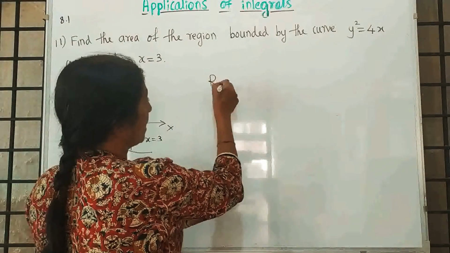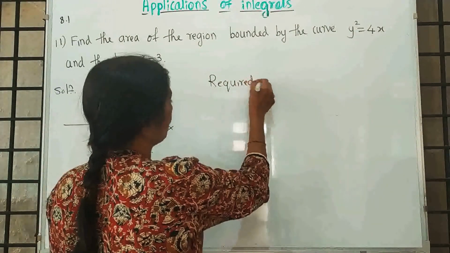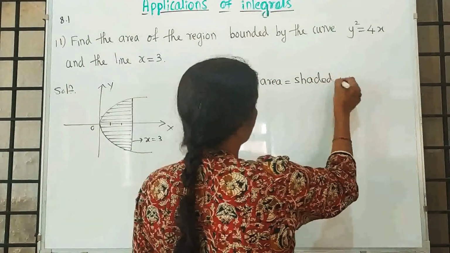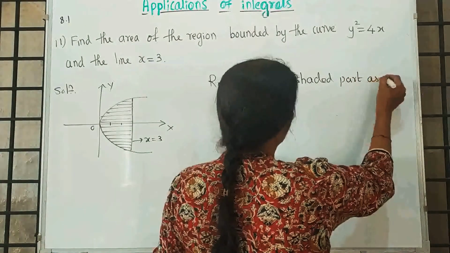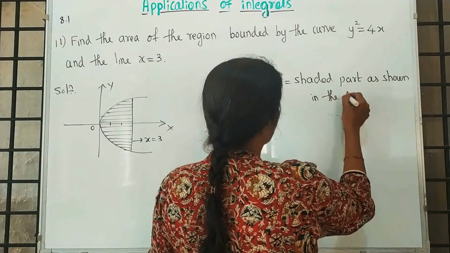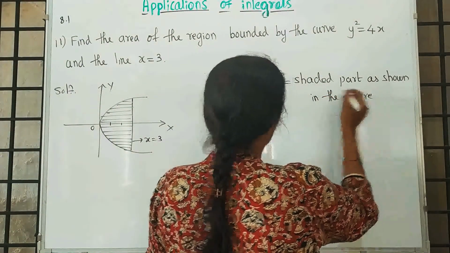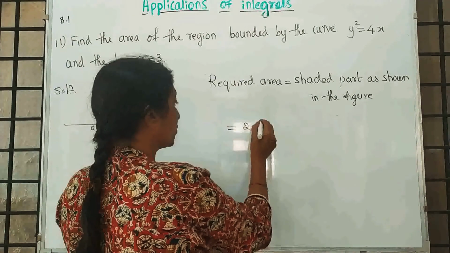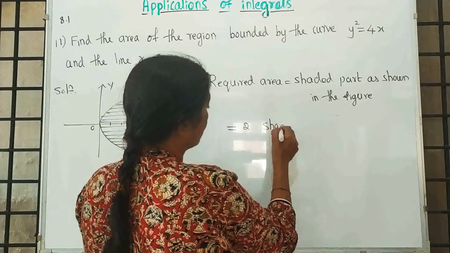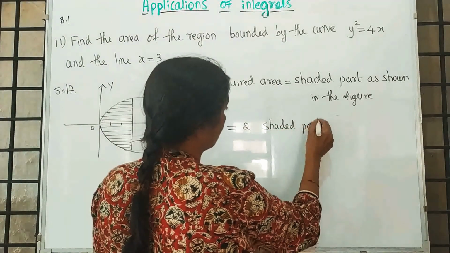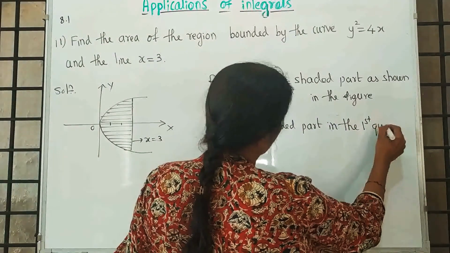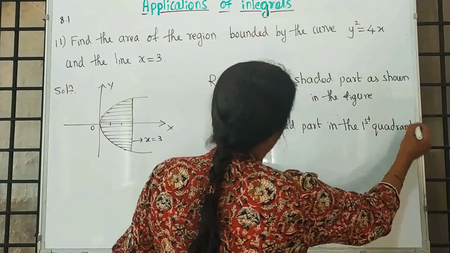So the required area is equal to the shaded part as shown in the figure, that is equal to 2 into the shaded part in the first quadrant.